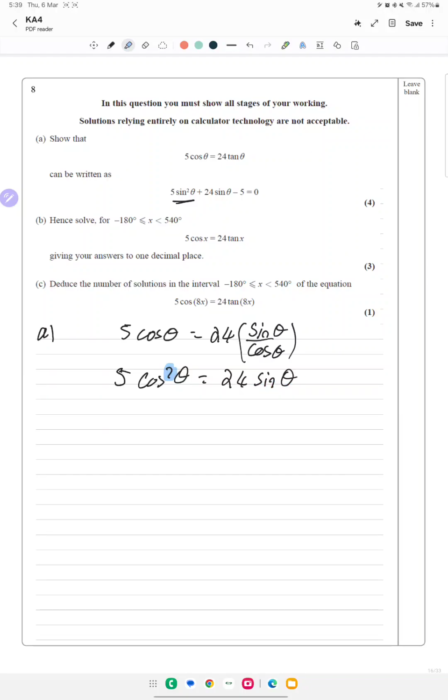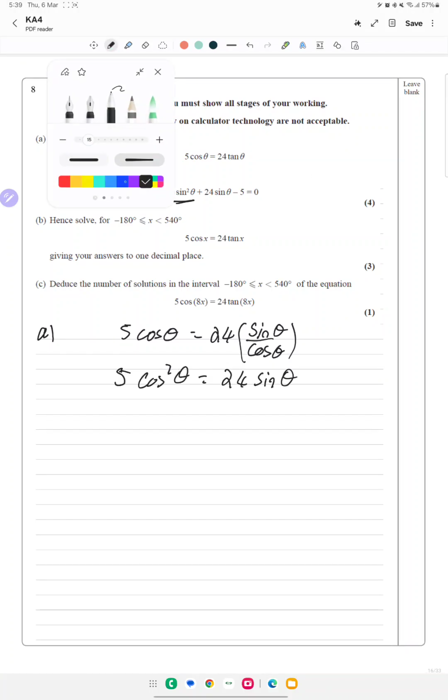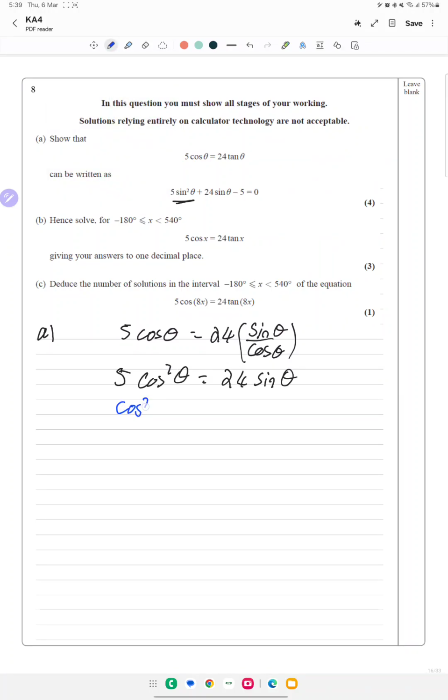So the only way we can do that is by using the trig identity, cos squared plus sine squared is 1. So cos squared is 1 minus sine squared.